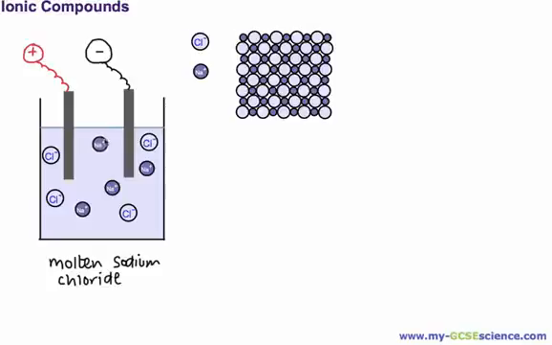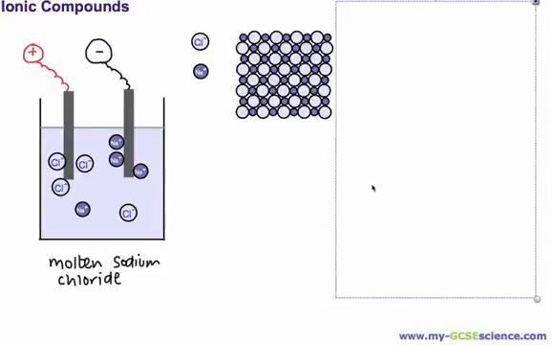So the sodium ions could move to the negative electrode, and the chloride ions could move to the positive electrode. And because they are free to move, the current is allowed to flow through this system. So the current can flow from one electrode to another because these ions can carry the charge across and therefore allow current to flow.